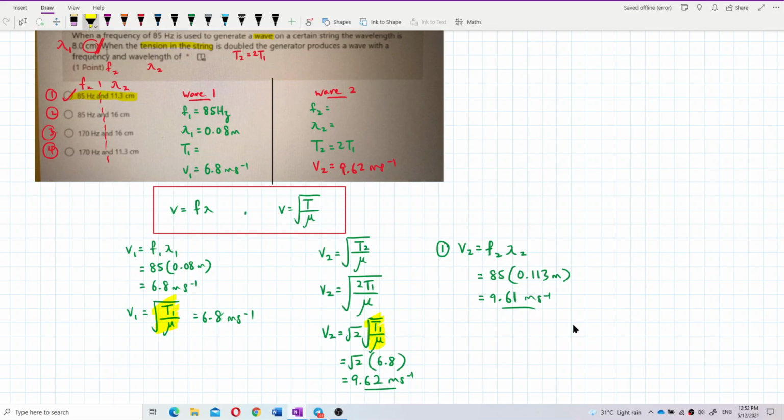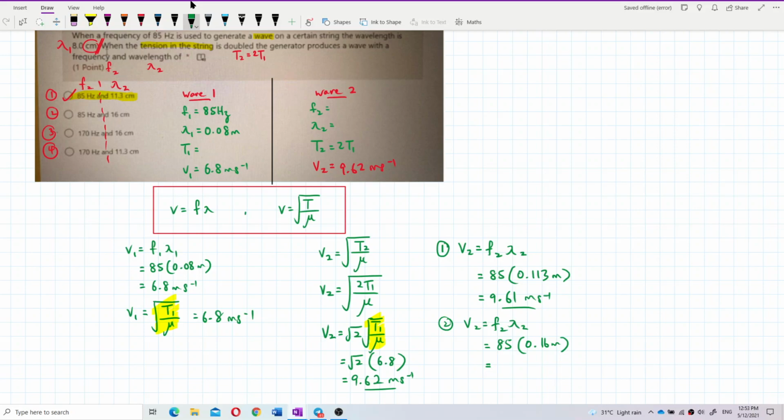Okay, how about number 2? Let's try number 2. V2 equals F2 lambda 2. So now the F is 85, and then the lambda becomes higher. I think this is not possible because the value becomes higher, so the speed also becomes higher. So it's not possible.